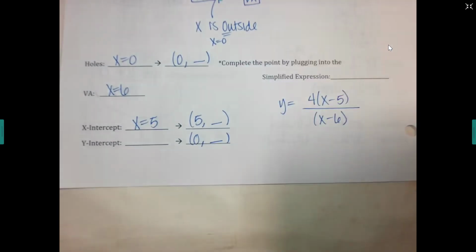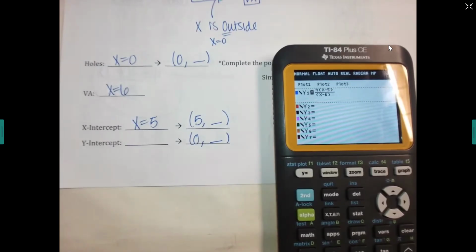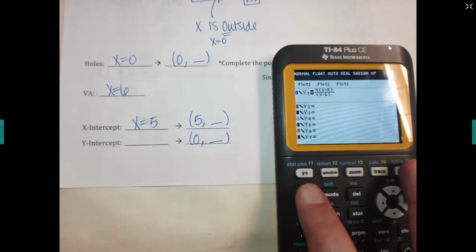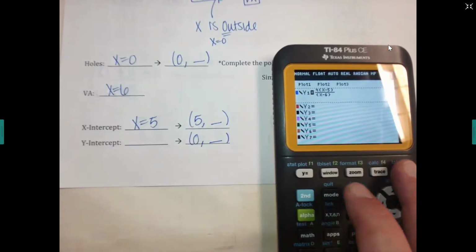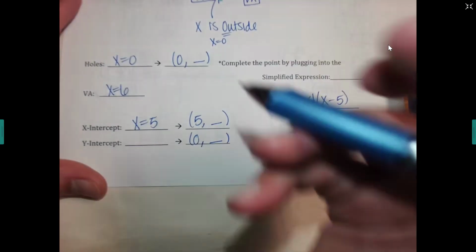And then remember, it's alpha x to open the fancy fraction. Okay, so once you have that typed in, you're hitting second graph. I'm looking for 0's partner. I see that it's 10/3.